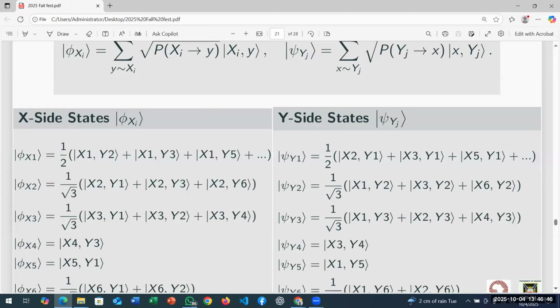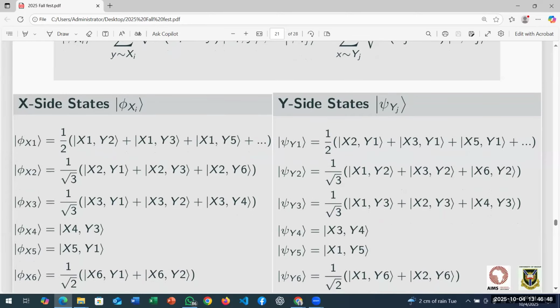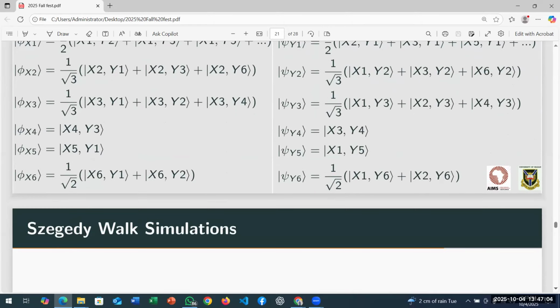For X and Y, the reason why I didn't have any amplitude for this psi Y4 is that the amplitude here is 1, meaning that it is 100% probability.